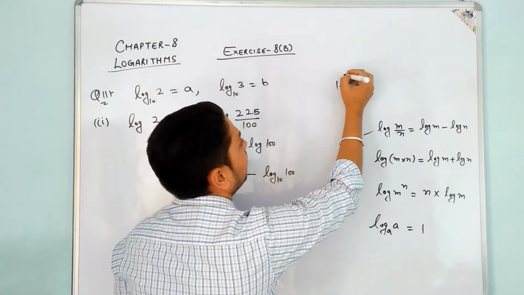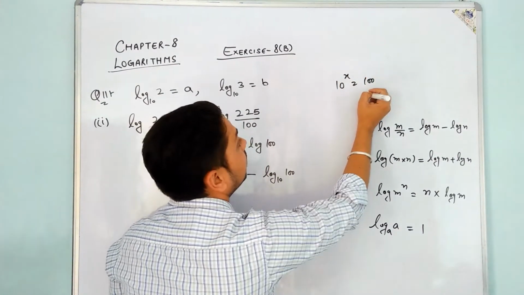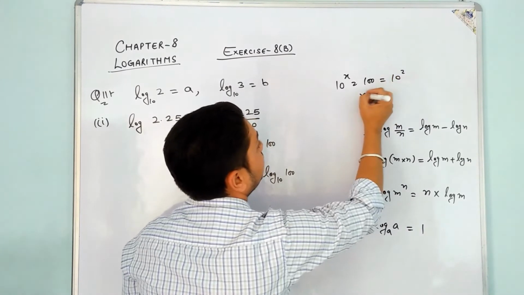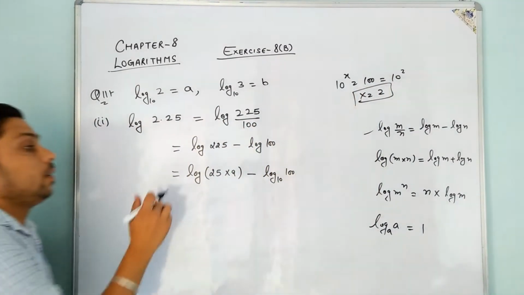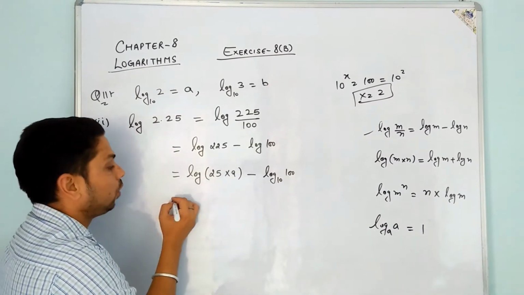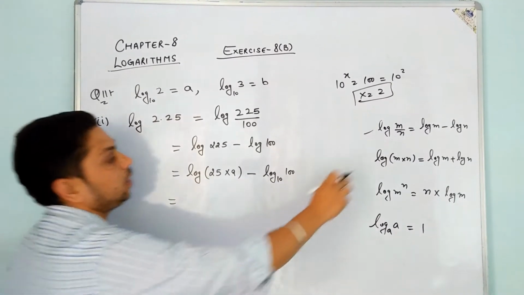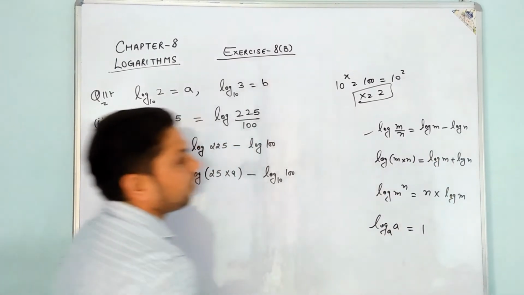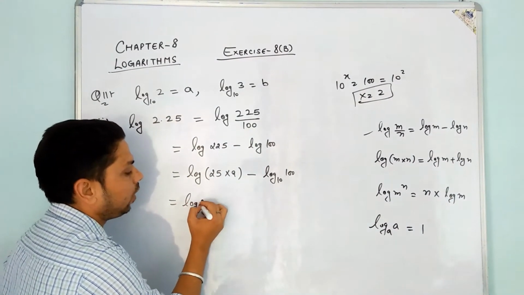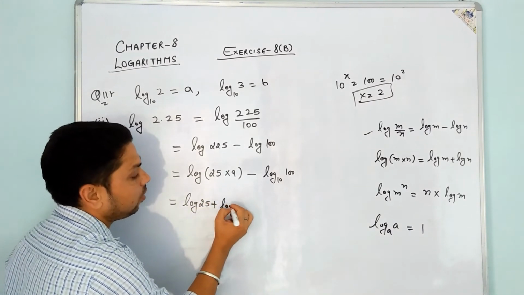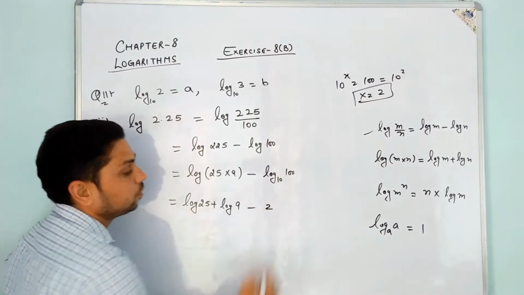That is 10 raised to power x is equal to 100, which is 10 raised to power 2, so x is equal to 2. So the answer of this is 2. Again applying the property log of m into n is equal to log of m plus log of n, it will give you log of 25 plus log of 9 minus 2.